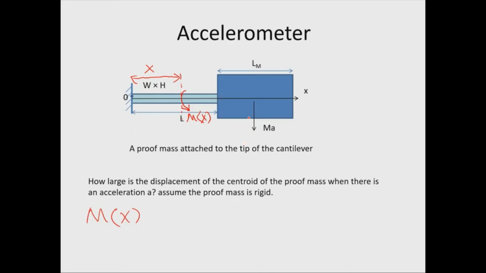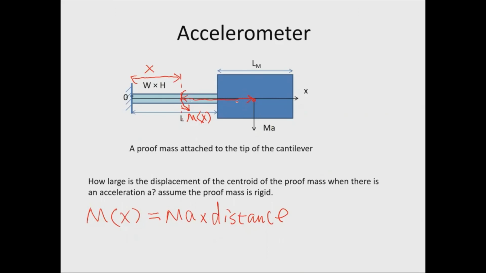And the torque generated by this ma should be equal to ma times the distance from this centroid to this hypothetical cut.